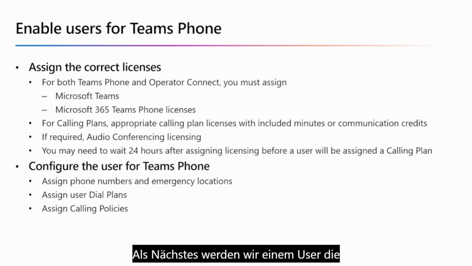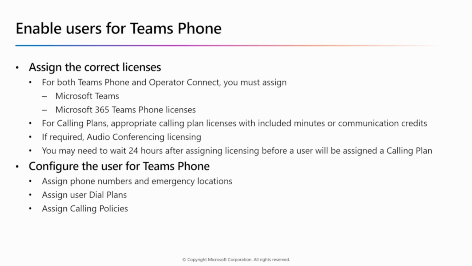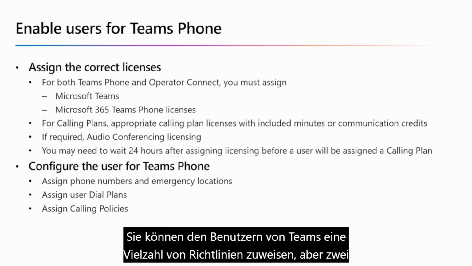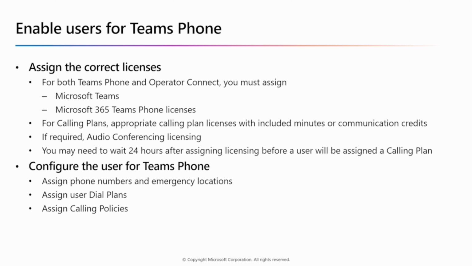Next, we'll assign a calling policy and dial plan to a user. While you can assign a multitude of policies to a Teams user, two important policies for voice are dial plan and calling policy.